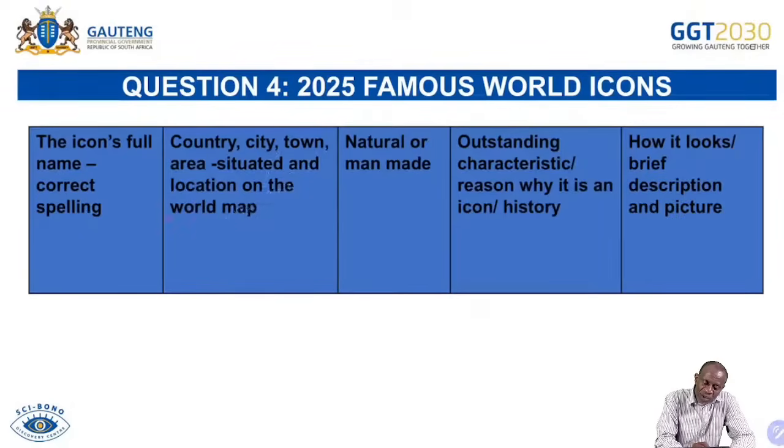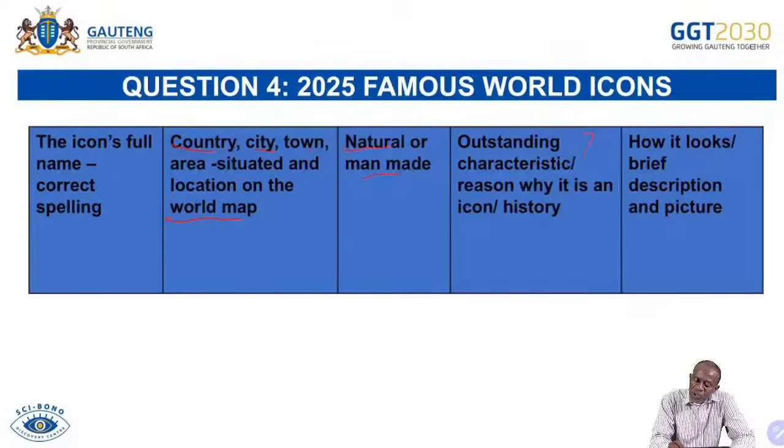So we've done the location on the world map. We must know the country, the city, the town, and to some extent you must know the continent where it is located. You must be able to name and correctly spell the icon. You need to know if it's man-made or natural.